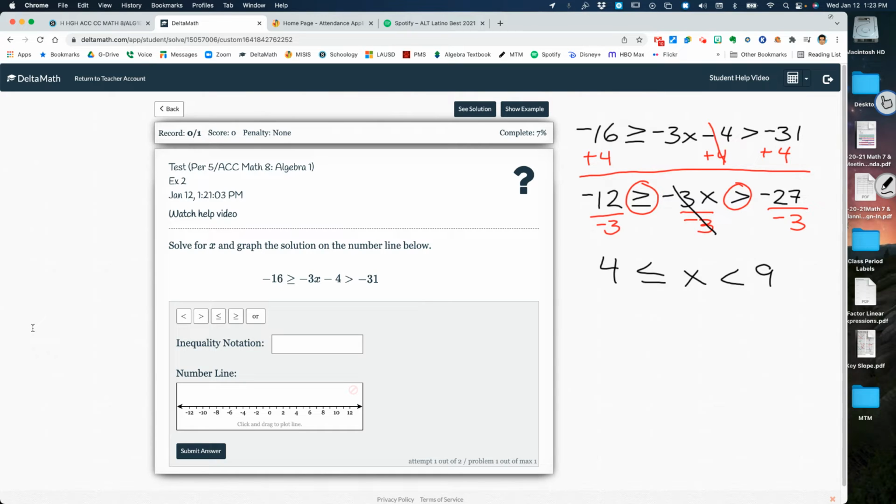Okay. Well, let's try it again. This is an "and" inequality. How you write it as an "and": 4 is less than or equal to x, which is less than 9. So I'm going to go to 4, positive 4 to 9.